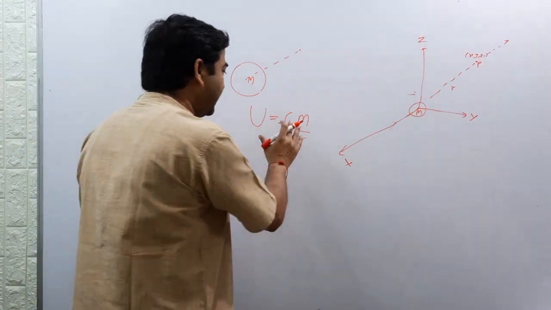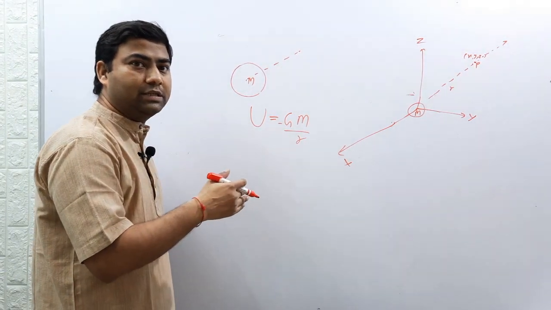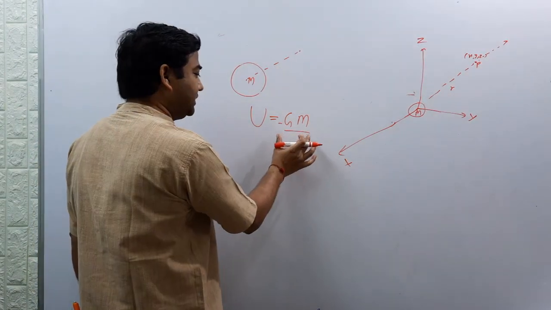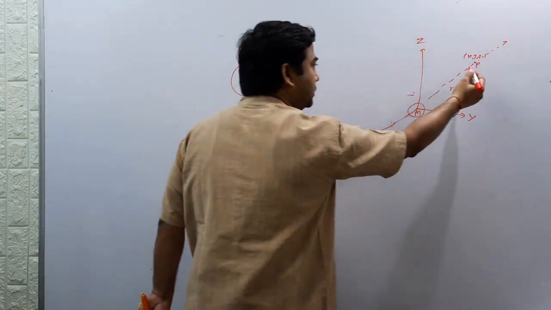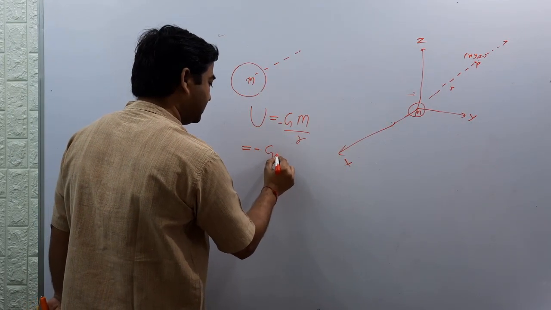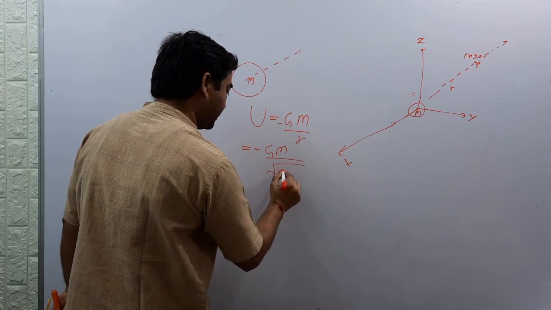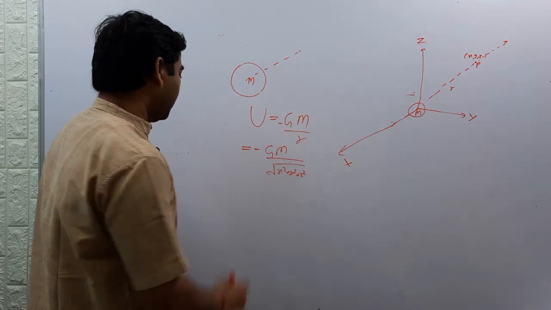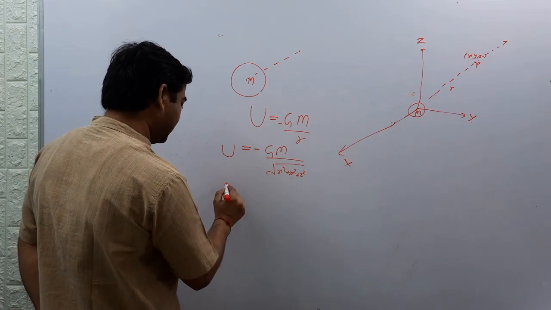So we will find gradient of potential energy, and we will show that gradient of potential energy is gravitational field. So this potential energy at point P is given by this expression. Function point P coordinates are x, y, z. So this can be written as minus G m by under root x square plus y square plus z square, u. Now we will find grad of this.